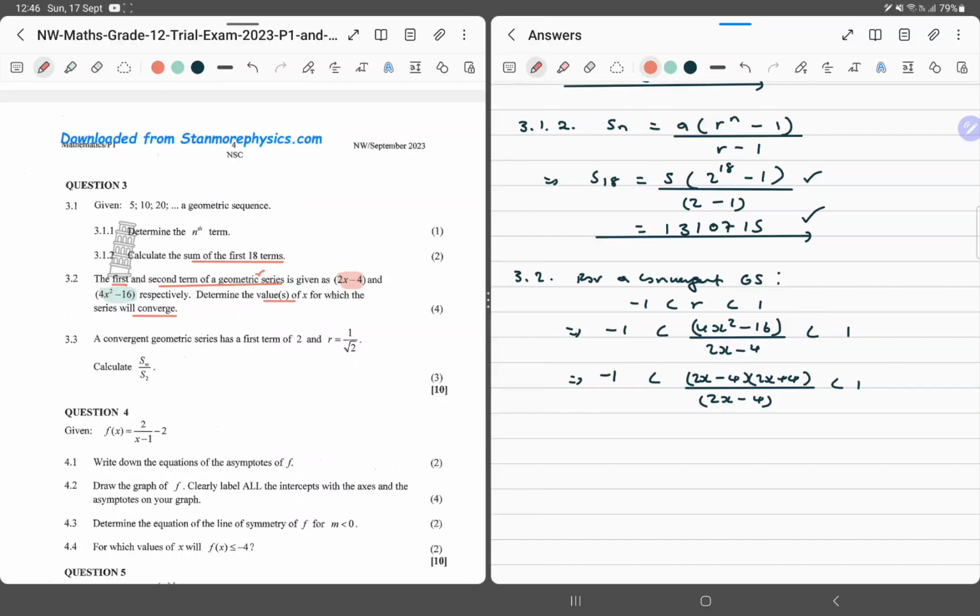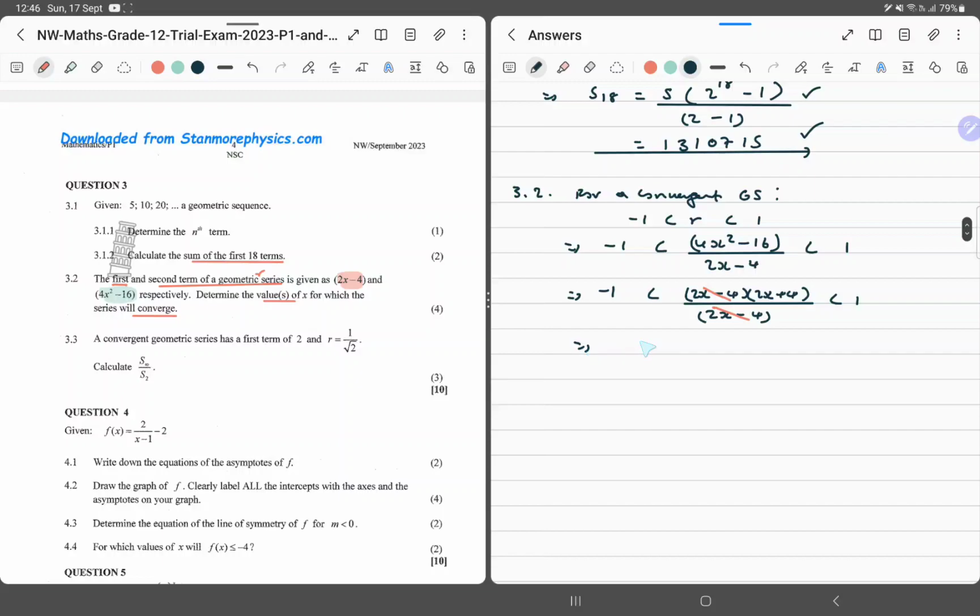You can already see there's a common factor between the numerator and the denominator. And what do we end up with? This says minus 1 is less than 2x plus 4, less than 1.